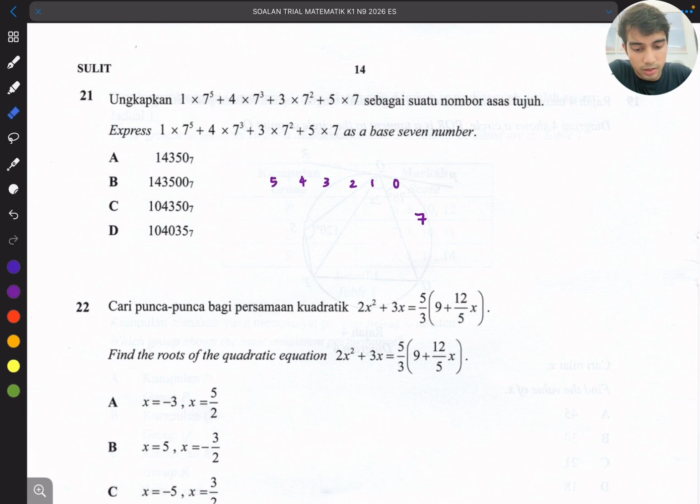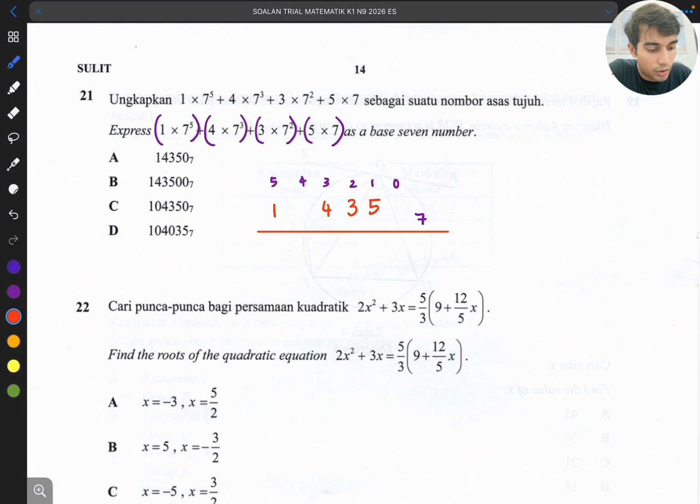Now we have 1 for 7 to the power 5, 4 for 7 to the power 3, so 1 is 7 to the power 5, 4 is 7 to the power 3, 3 is 7 to the power 2, and 5 is 7 to the power 1. Whichever place has no number, you put 0. So the answer is 104350. C. Done.